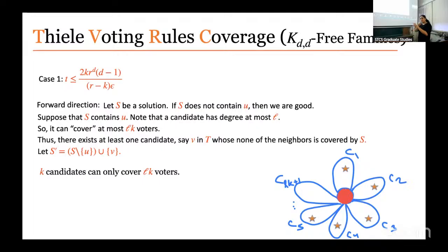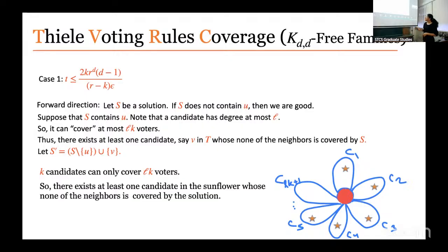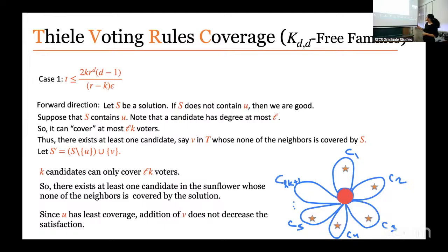That is the particular candidate I pick in my solution, and delete U. Let us say this is my V, and let's say C4 is my U. The red part covered by U is also covered by V. I delete one, add one. And in this part, these voters may be covered by someone else as well, so they were giving some value, could be lambda 1, could be less.